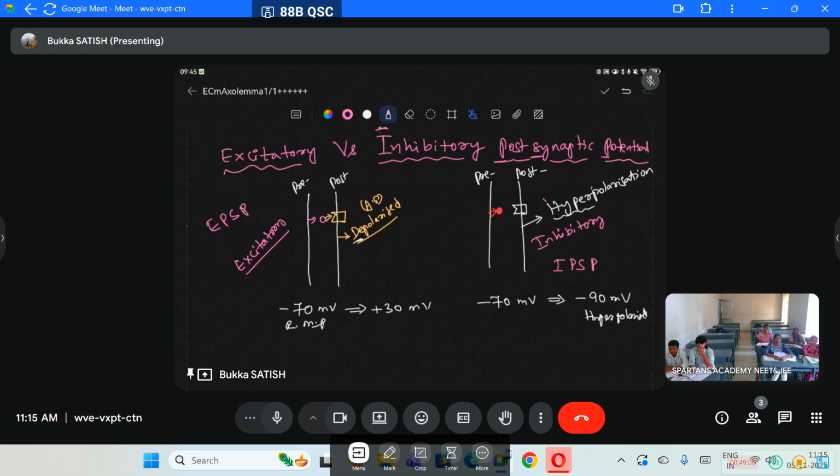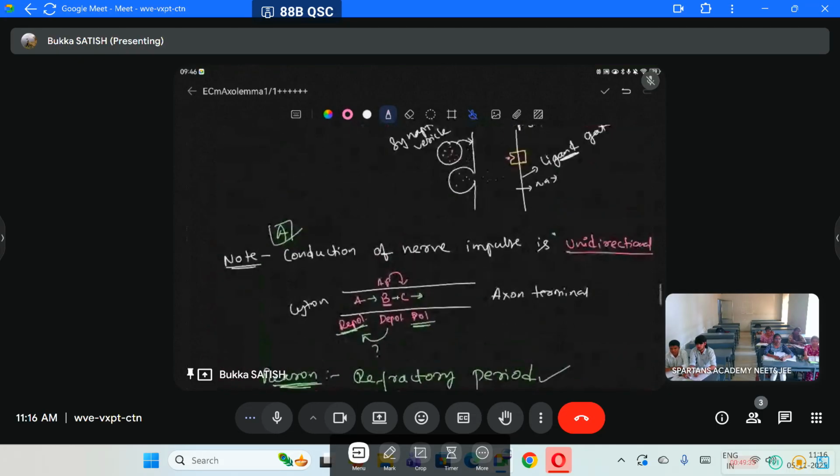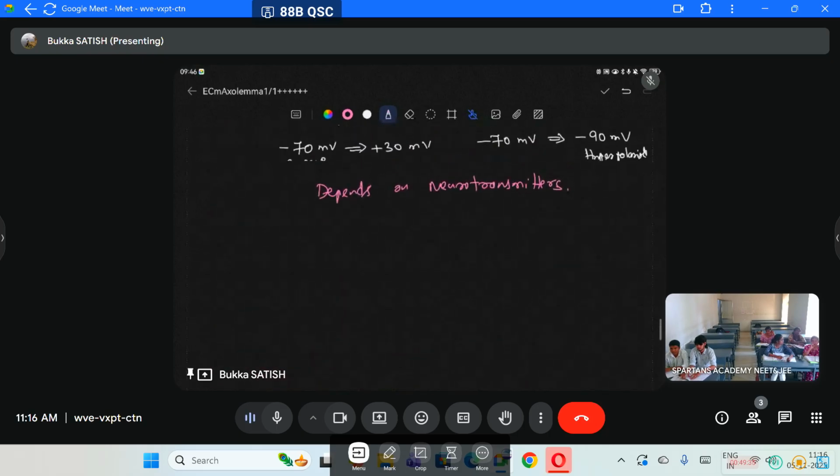Now, what makes the difference here? What kind of neurotransmitter is released? Whether it is going to be excitatory or inhibitory, it depends on the neurotransmitter. What are the neurotransmitters that you know? Now, give me one example.